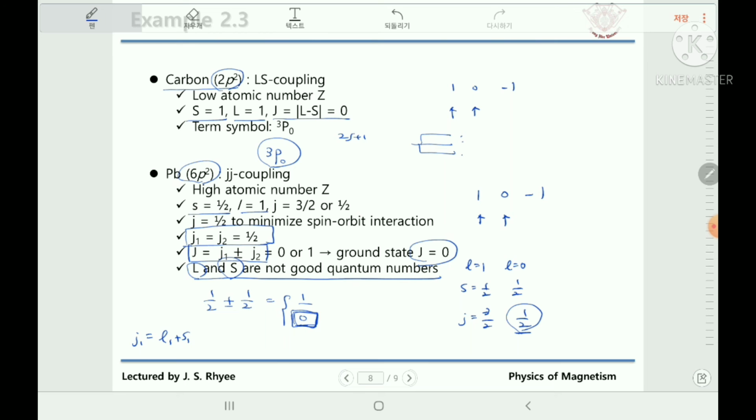And also they prefer the low energy. At first, consider the possibilities for J, and they prefer the low energy. If the electron has low energy, the total angular momentum has plus or minus, and they also prefer a low total J value.